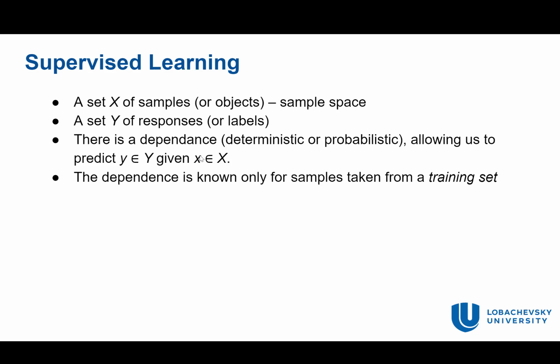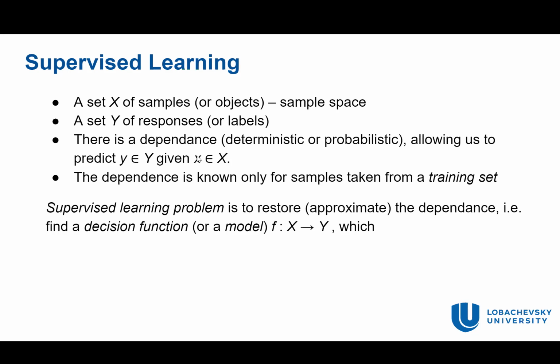And the dependence is known only for samples taken from a training set. The training set is a set of pairs, x's with labels, with responses: x1, y1, x2, y2, and so on. And supervised learning problem is to restore or approximate the dependence.